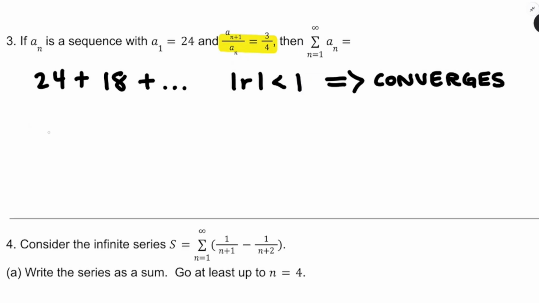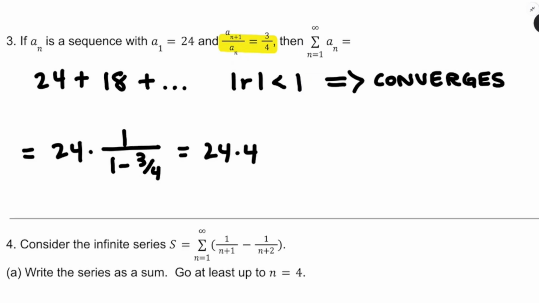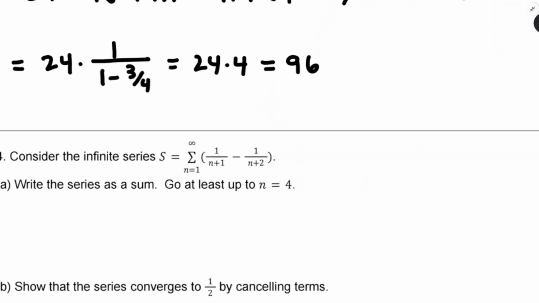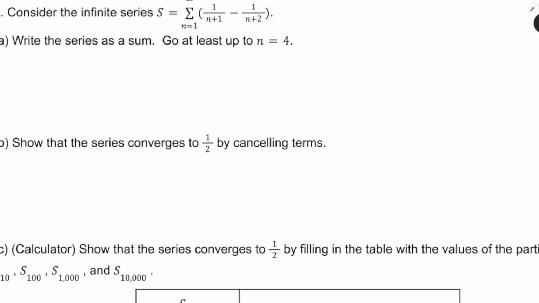So I'm going to say that this sum is going to equal first term times 1 over 1 minus the common ratio. Okay, 1 minus 3/4 is 1/4. So that's going to be 24 times 4. And that's also 96. Okay, that's interesting. Same numbers? No, 48 times 2. Okay, pretty much the same.